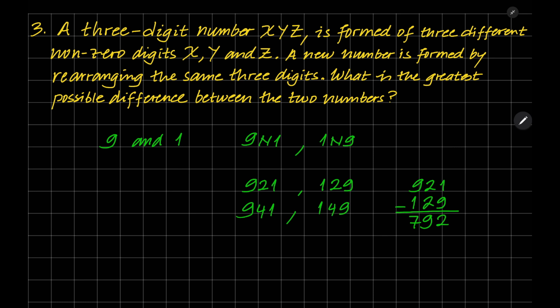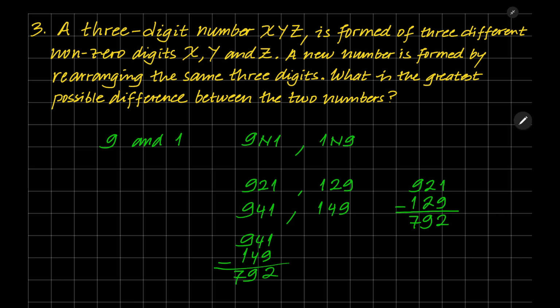Let's subtract 149 from 941, then 941 minus 149, this is 2, this is 9, and this is 7. 792.